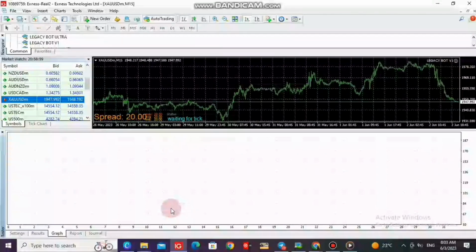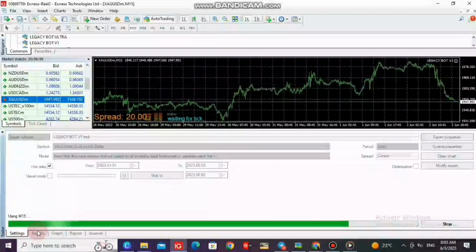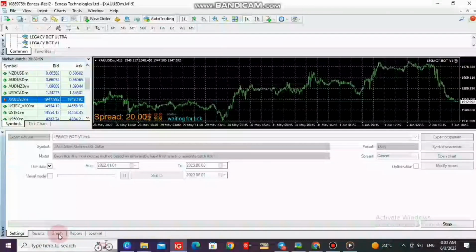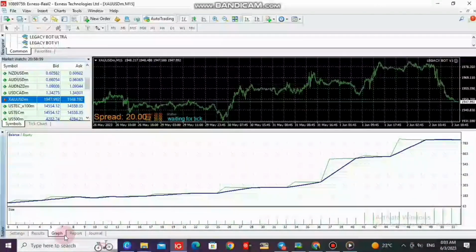It's going to be a bit fast. There's certain stuff that I have to tell you guys that will be beneficial when using the robot. And the robot trades once per day. Let's go to the graph.